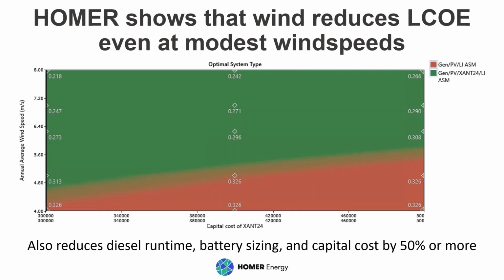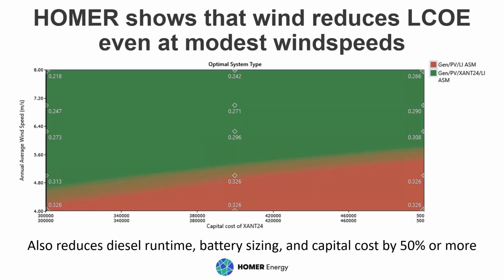What's dramatic about this graph is how cost effective these wind turbines are, even in modest wind resources. So the red portion of the graph is where wind is not cost effective. If it's down at 4 meters per second, it's really not going to be cost effective. But even at 5 meters per second, it becomes cost effective.